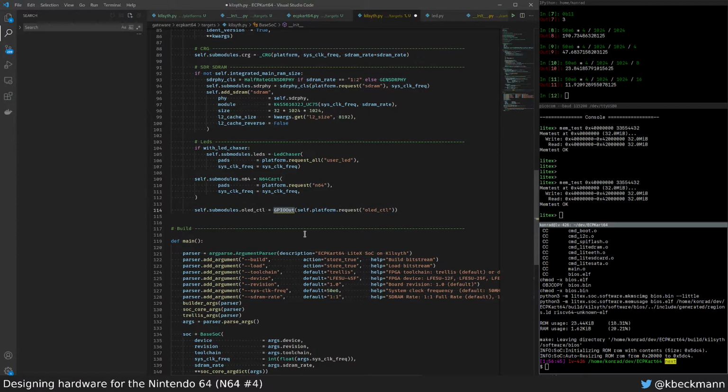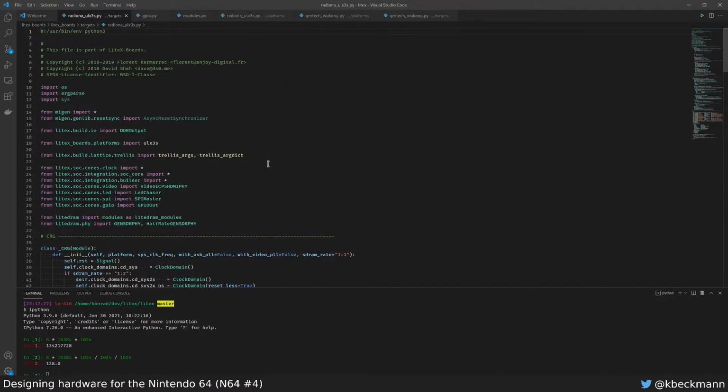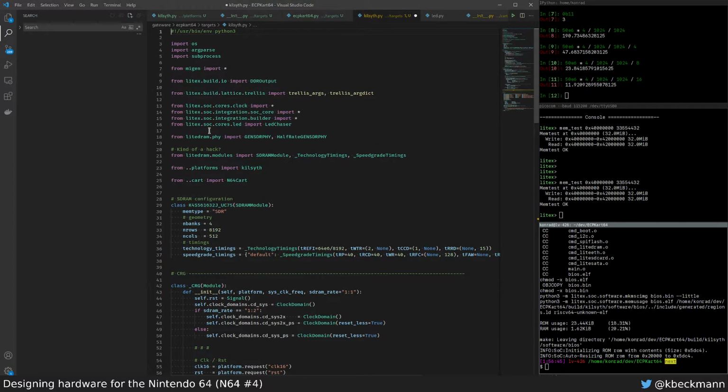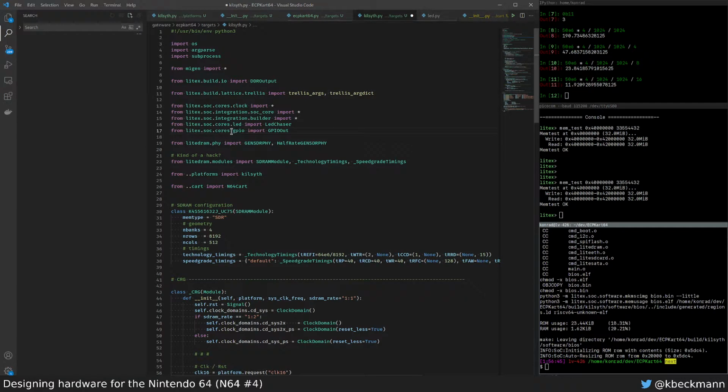Right, we need to import some module. Let's see here. There we go. So yeah, again, LiteX comes with a bunch of cores, which is super useful. You just plug and play, off you go. And honestly, I'm gonna use these as in-outs, I guess. Doesn't it work?